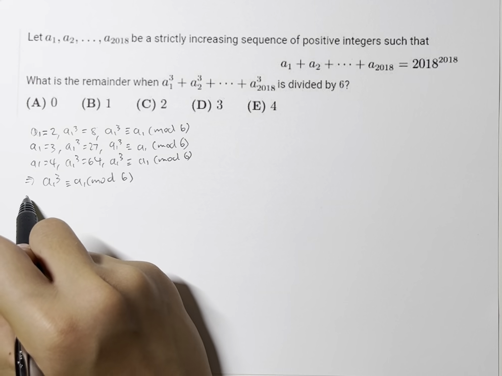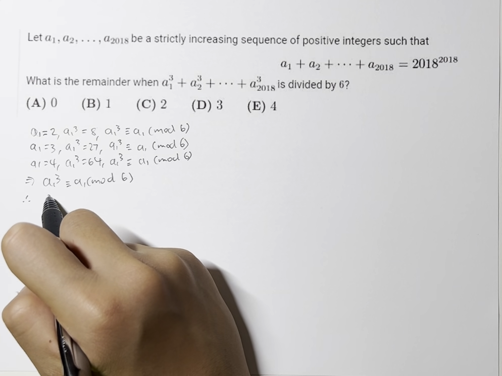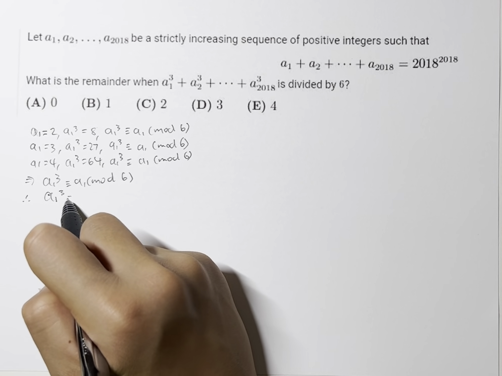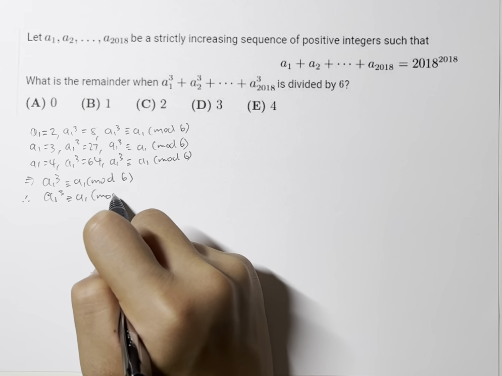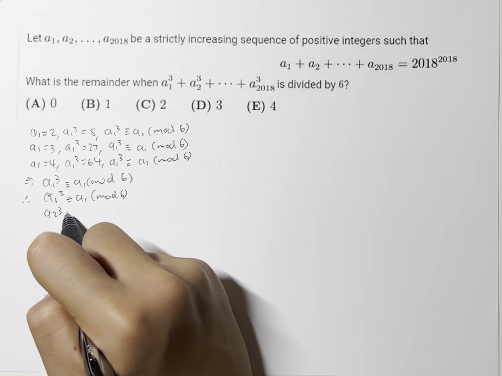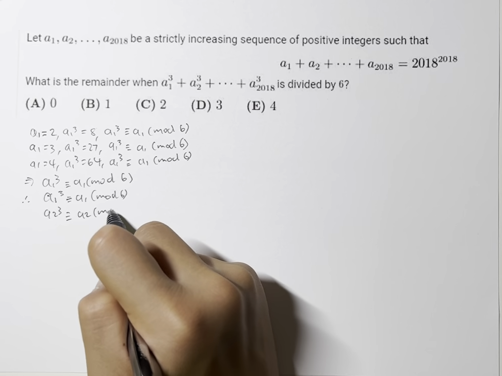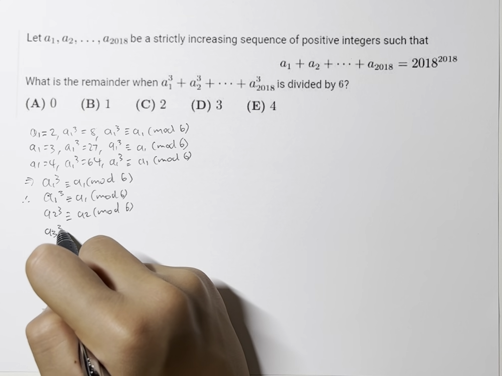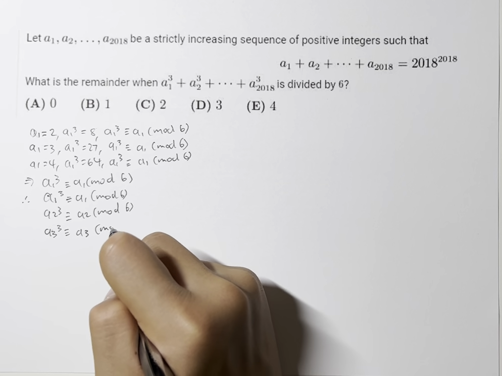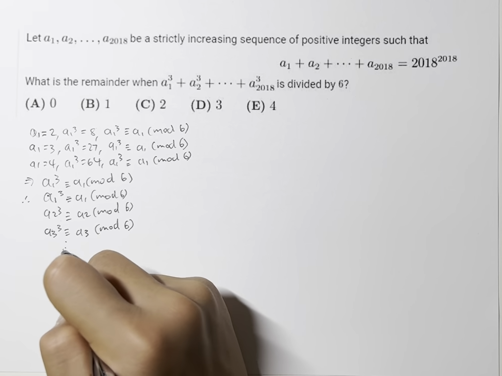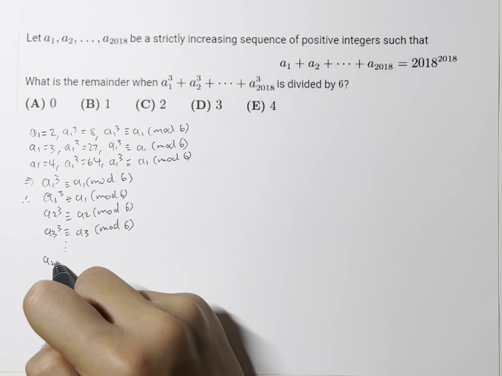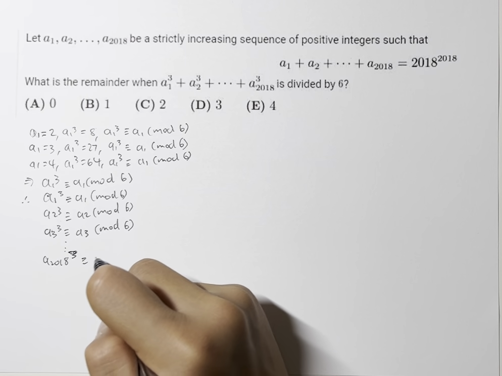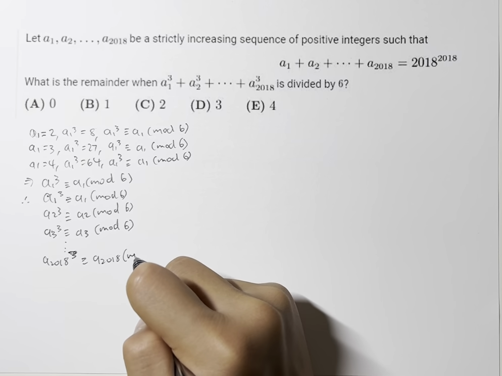So then we can get that A1 cubed is congruent to A1 mod 6, A2 cubed is congruent to A2 mod 6, A3 cubed is congruent to A3 mod 6, dot dot dot, A2018 cubed is congruent to A2018 mod 6.